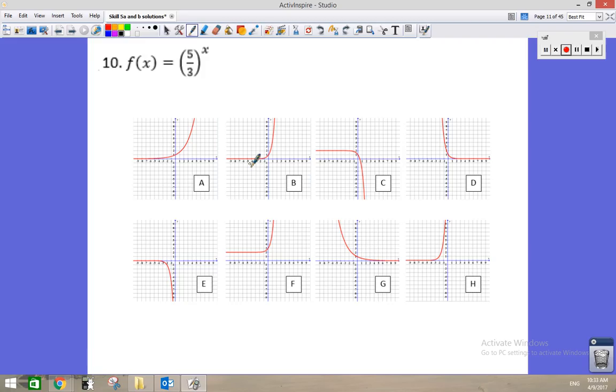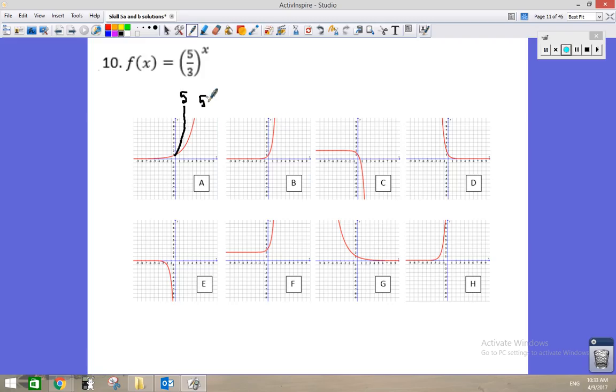So I am expecting it to look similar in shape to the graph of b, but since this base is smaller, it'll be that shape, but it just won't rise as steeply. It's not increasing as quickly. So right next to it here is a graph that has the same shape, but it's not as steep. It's not shooting off as steep like b is, where that base was 5.